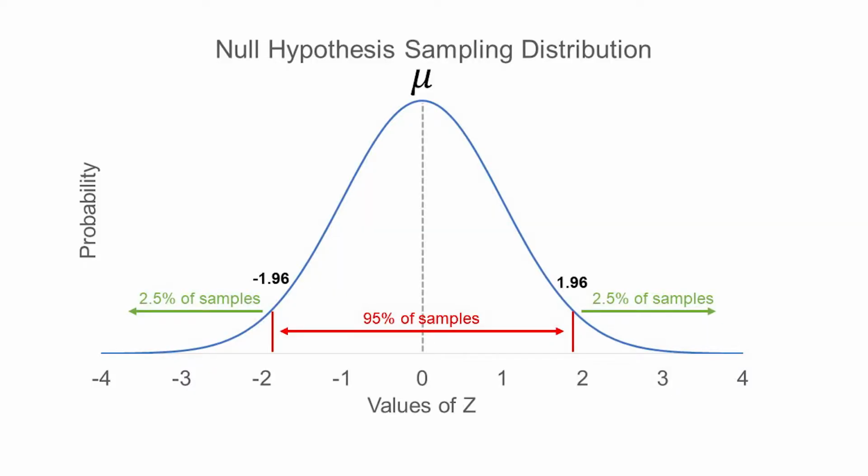Since not equals could be higher or lower, that meant that when we looked at our sampling distribution, we needed to look for statistically significant results in both tails or ends of the distribution, whether much higher or much lower bagel consumption. Any value above 1.96 or below negative 1.96 would be considered significant.